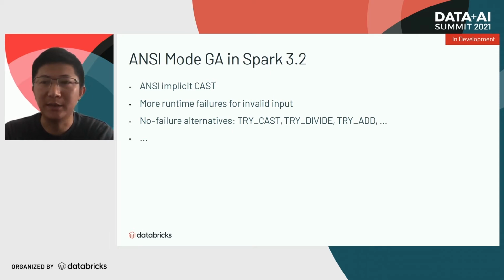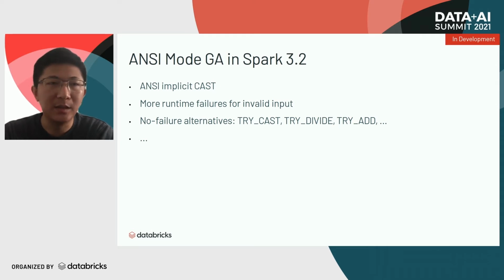This makes your life easier for writing SQL queries, but also brings confusion if the cast is not added properly. So in Spark 3.2, we will follow the ANSI SQL spec to define the implicit cast rules to make it more strict and more reasonable. We will also revisit all the functions and operators to add more runtime data checks to ensure data quality.